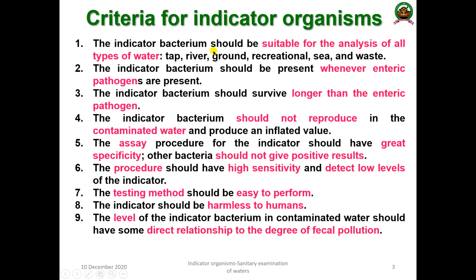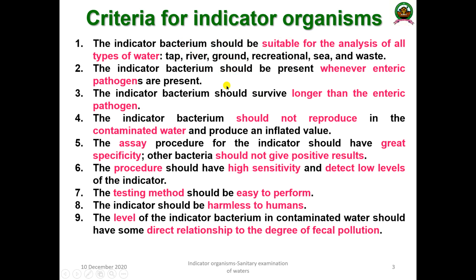And what are the criteria for considering a bacterium an indicator microorganism? What are the major criteria we can consider for an indicator bacterium? What criteria should it fulfill if we want to call a bacterium an indicator organism?